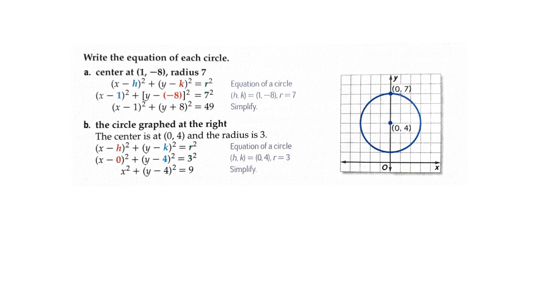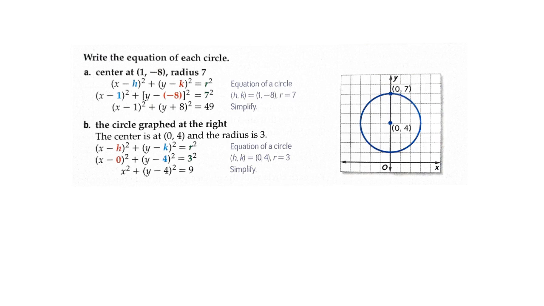The standard form of the equation of a circle is (x minus h) squared plus (y minus k) squared equal to r squared. Since the center is (1, -8), h should be 1 and k is -8, and the radius is equal to 7.